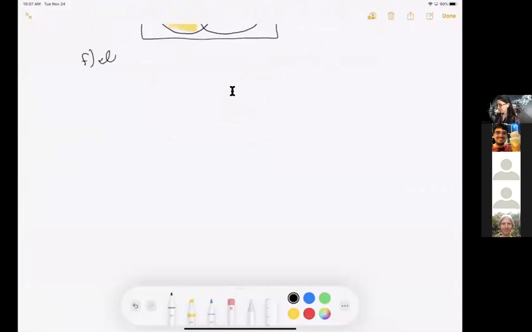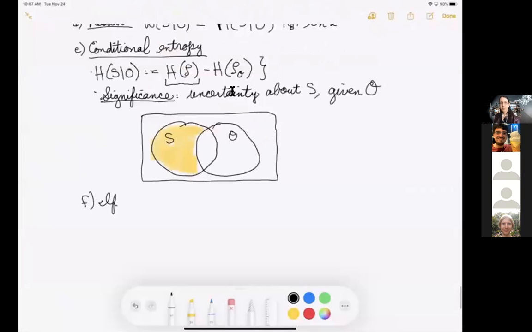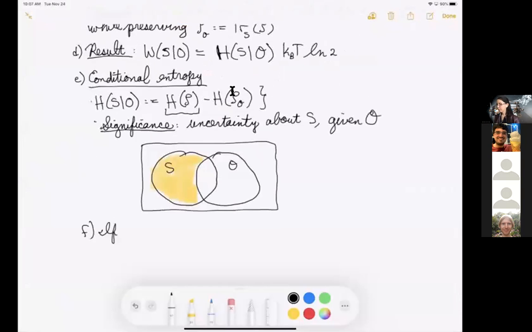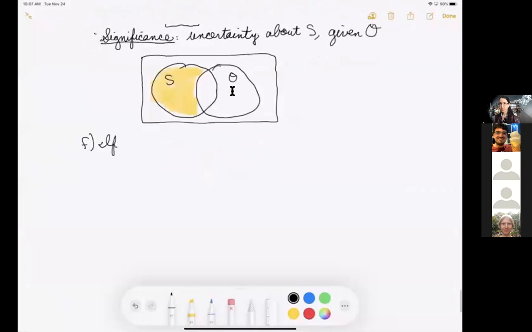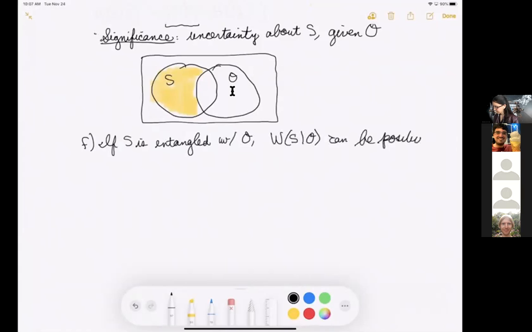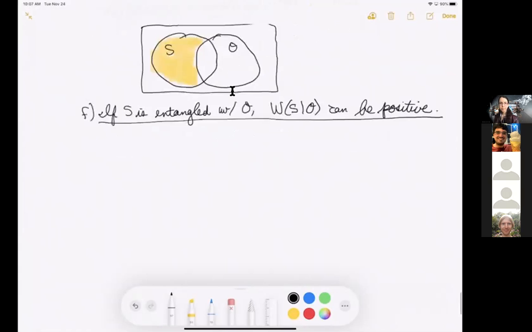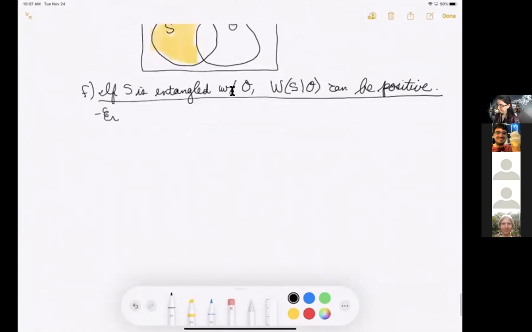One cool thing about this result is if S is entangled with O, then the work cost can be negative. Namely, you can extract net positive work. For example, suppose that S and O are qubits.